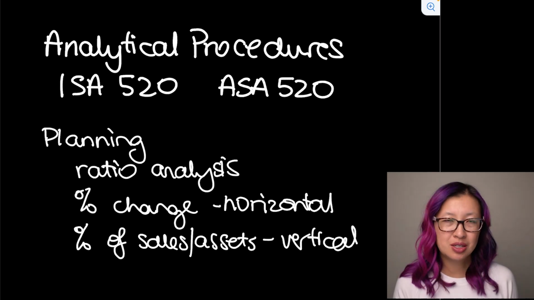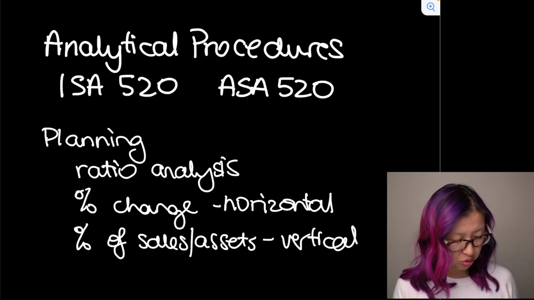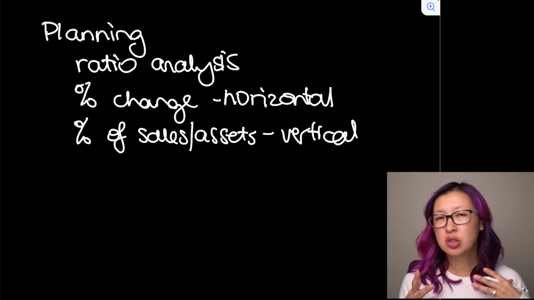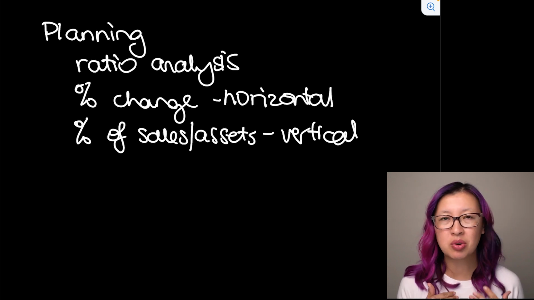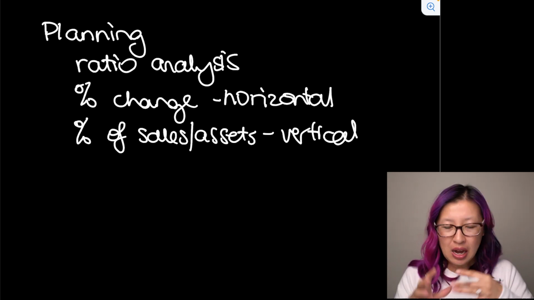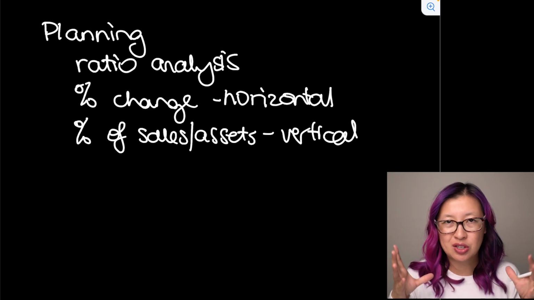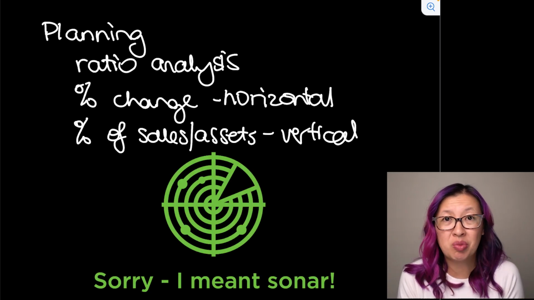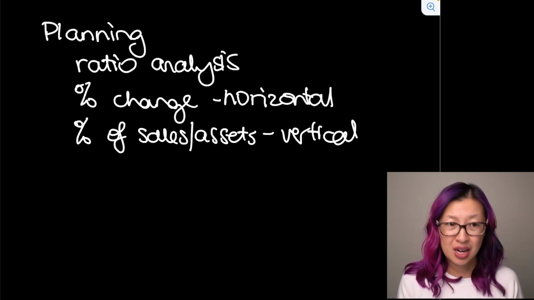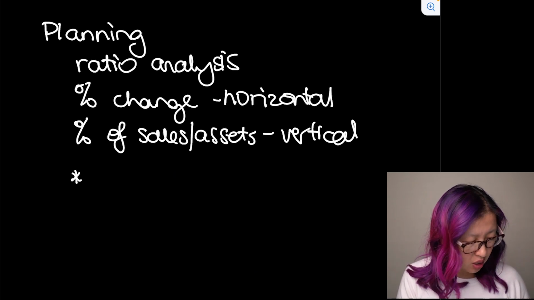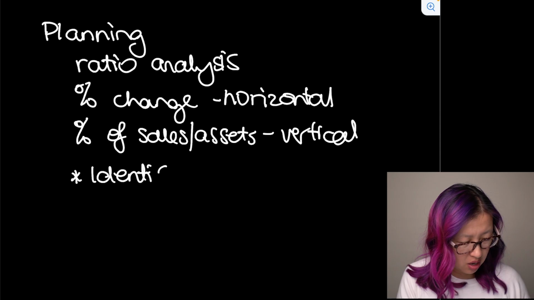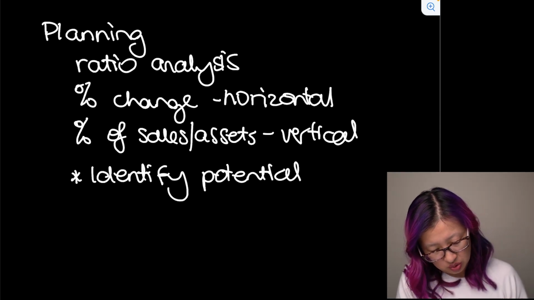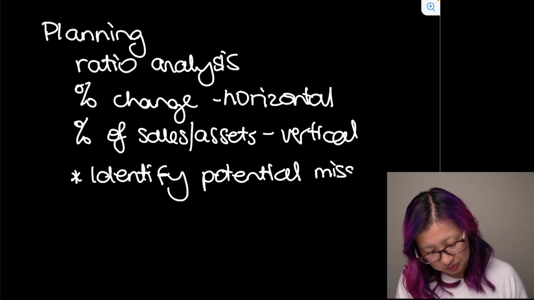So at the planning stage, we do a lot of analytical procedures because remember, it's sort of like radar, okay? It's not going to tell us exactly what number is incorrect, but it's like looking at a radar screen where it goes beep, beep, and that beep, beep tells us that there's something there. So at the planning stage, we're just using it to help us identify potential misstatements.